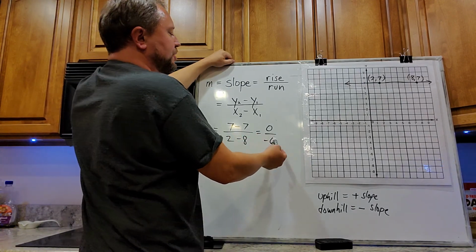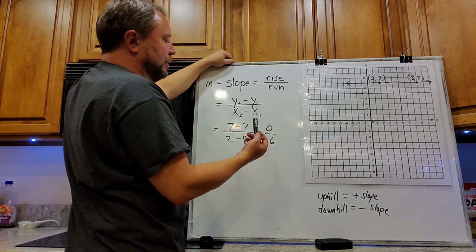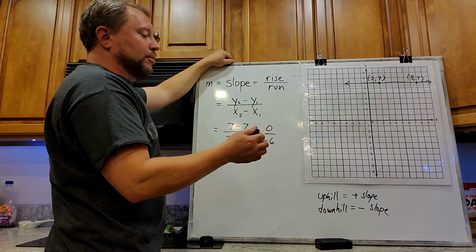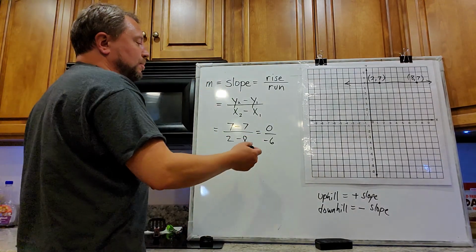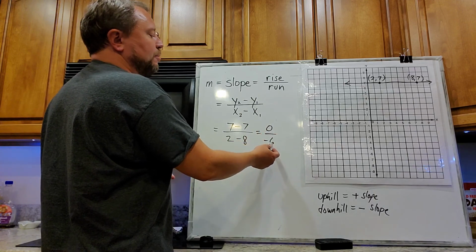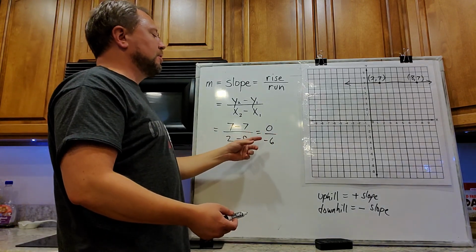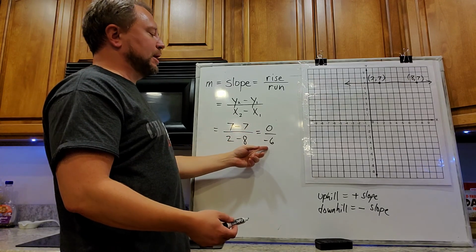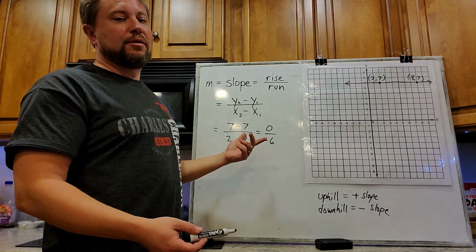Now, if you were to put this into your calculator and see what you get, or you don't really even need a calculator if you got the world's best calculator right here. But if you take 0 and divide it by any number, any number besides 0 itself. So if you divide 0 by negative 6, if you divide 0 by positive 6, it doesn't matter.